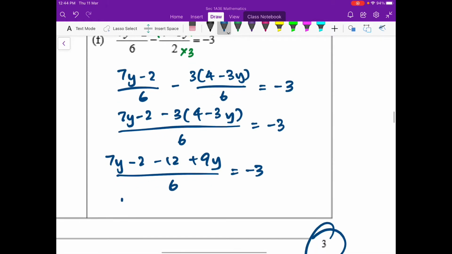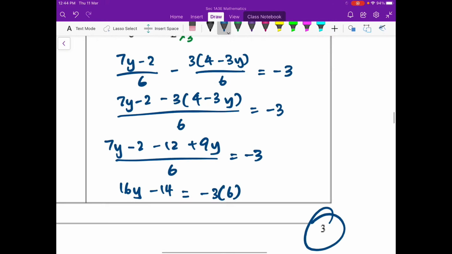So 16y minus 14 equals negative 3 times 6. I skipped one step over here: I multiplied by 6 to remove the denominator. We always want to remove fractions.